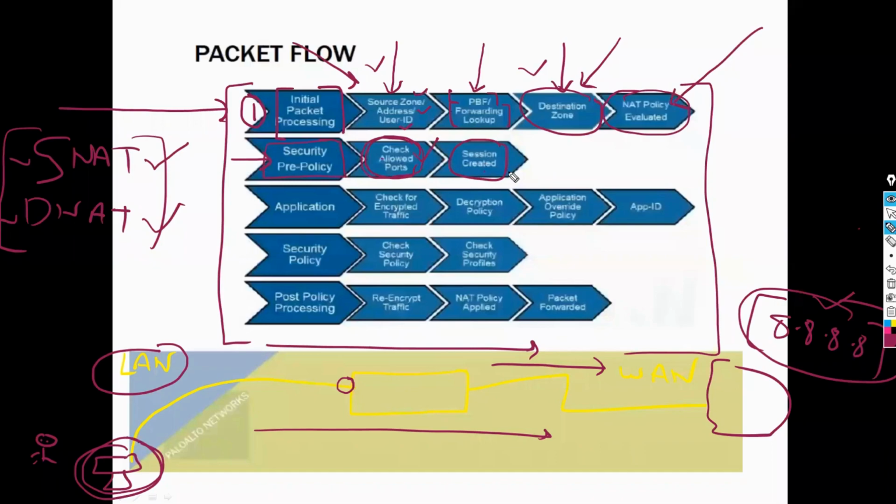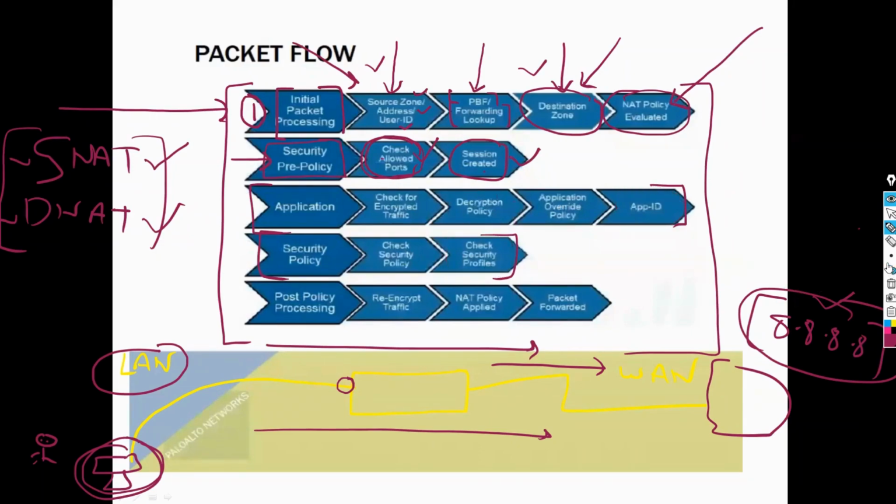Because it's a stateful firewall device, if traffic is traveling through the firewall box, the firewall will maintain the state of the connection in a connection table or session table. So it will create a session for this traffic. Everyone, I'm not talking about these options right now because you don't know anything about the App-ID concept, security profile concept, or decryption policy.